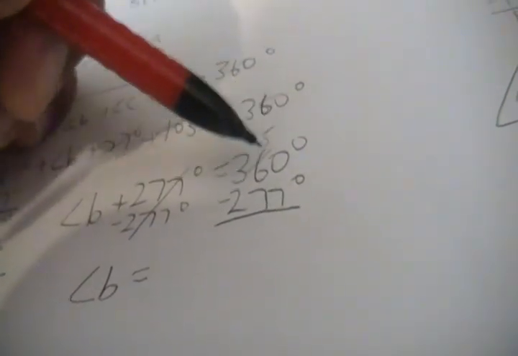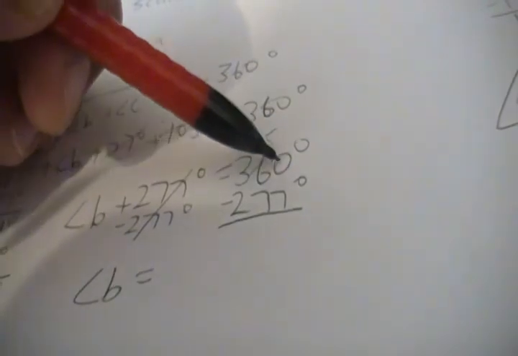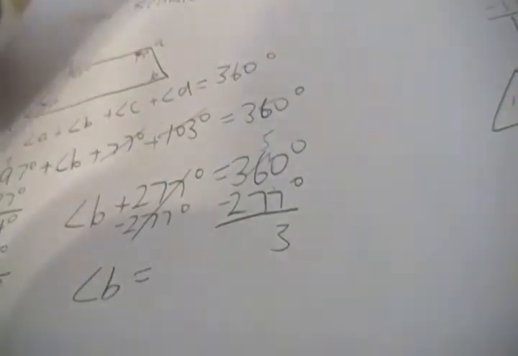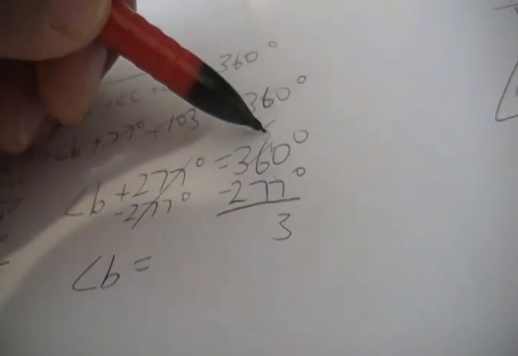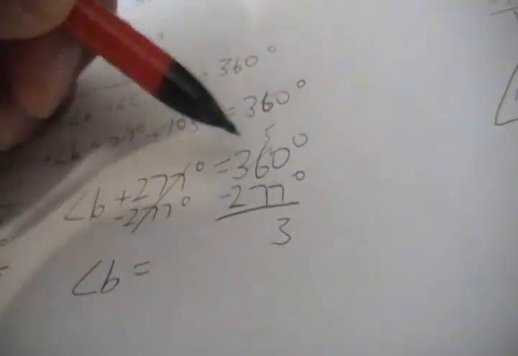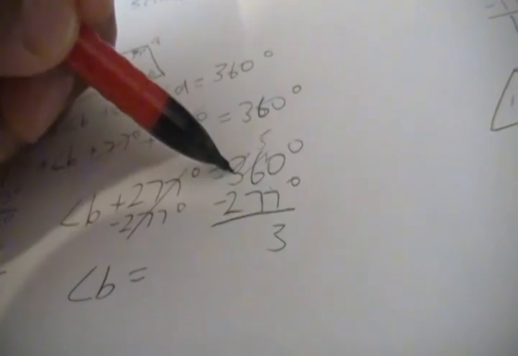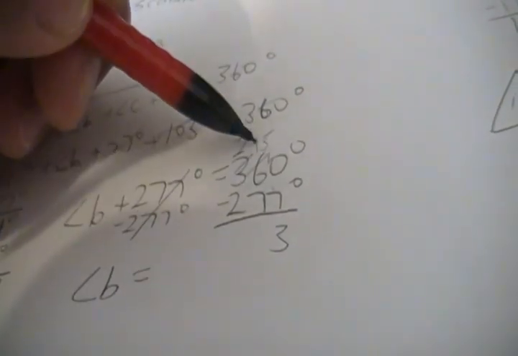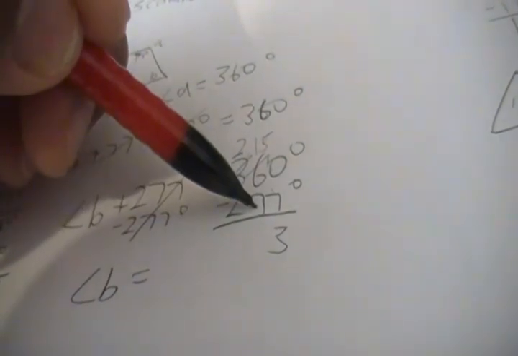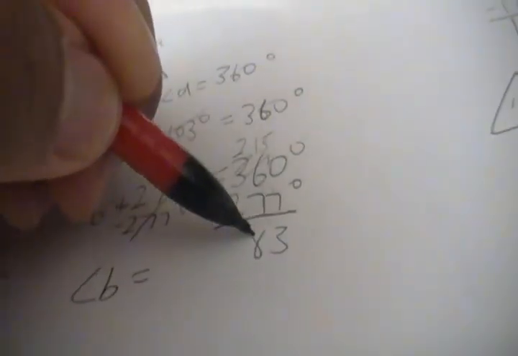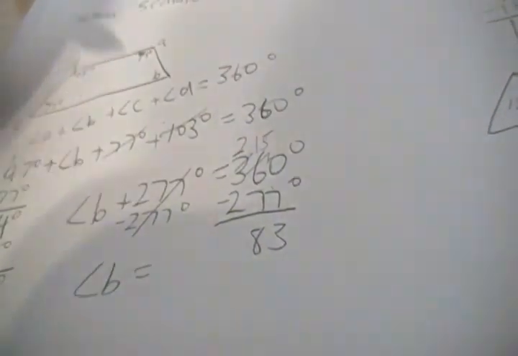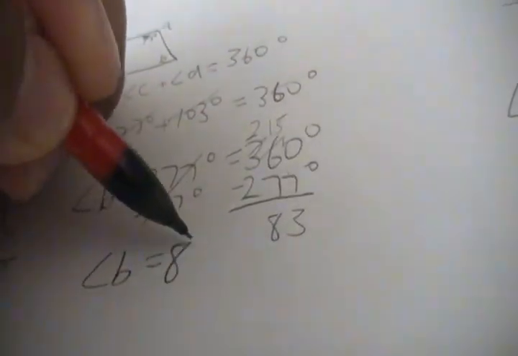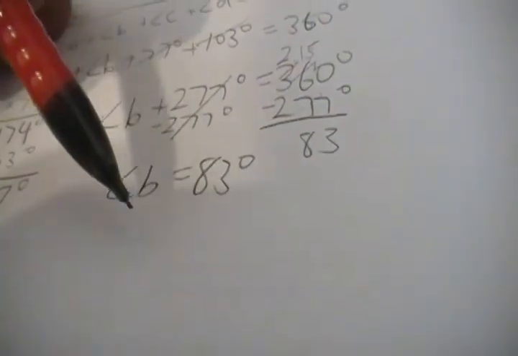So 6 becomes 5, 0 becomes 10. 10 minus 7 is equal to 3. 5 minus 7, we can't do that, so we need to borrow from the next digit. So 3 becomes 2, 5 becomes 15. 15 minus 7 is equal to 8, because 8 plus 7 is equal to 15. 2 minus 2 is 0. So the final answer should be 83 degrees.